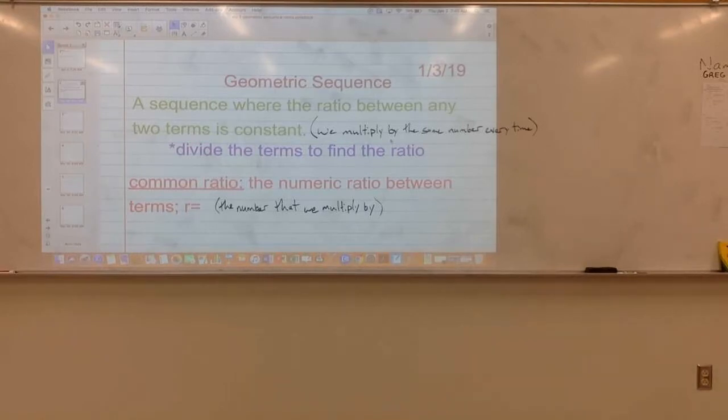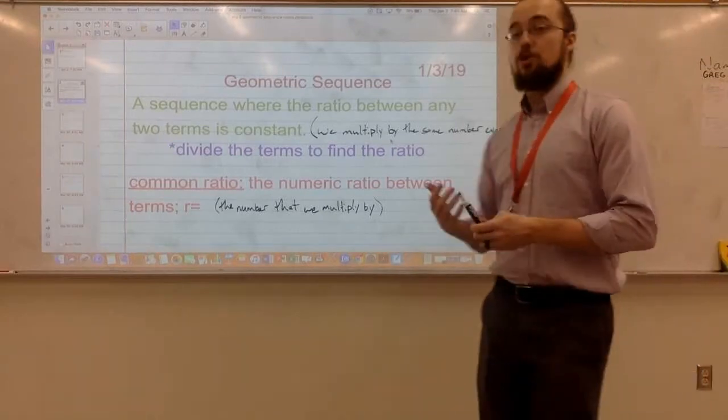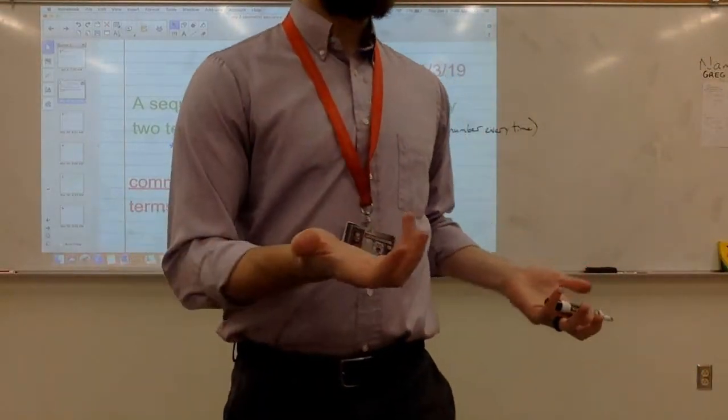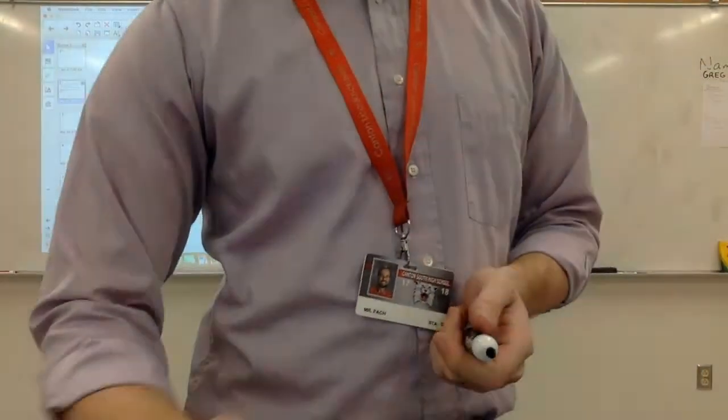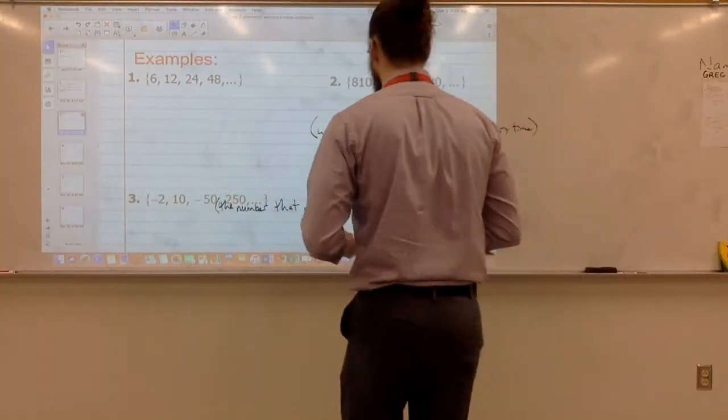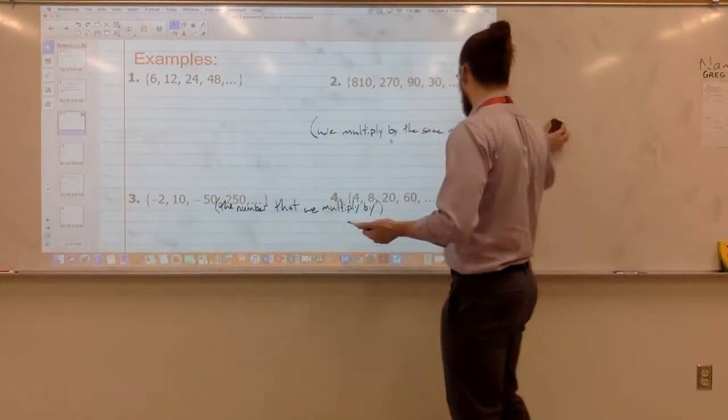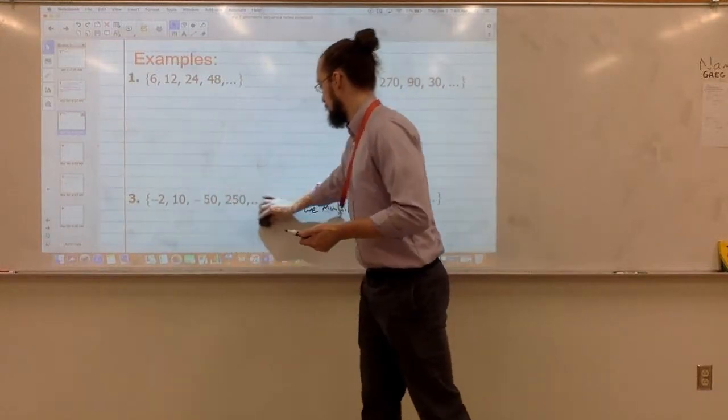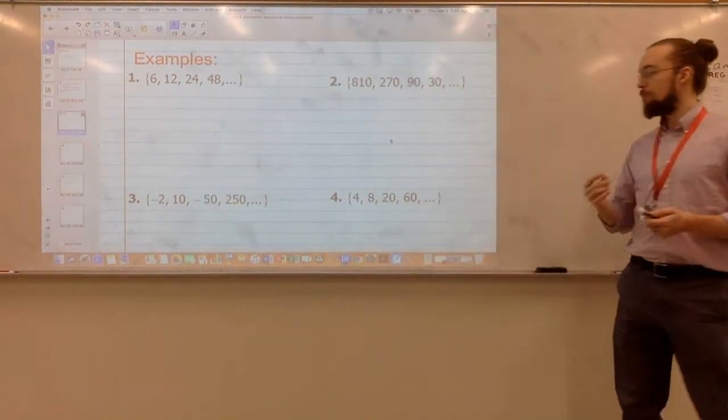Let's first take a look at some sequences and try to determine if they are geometric or not. Sometimes it's easy to tell just by looking at a sequence. Sometimes we'll have to do a little more thinking.